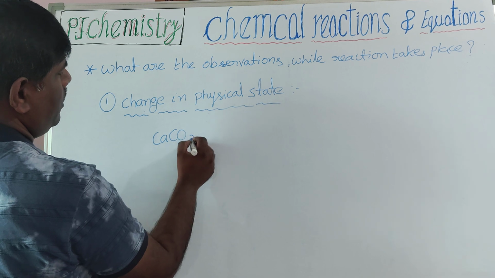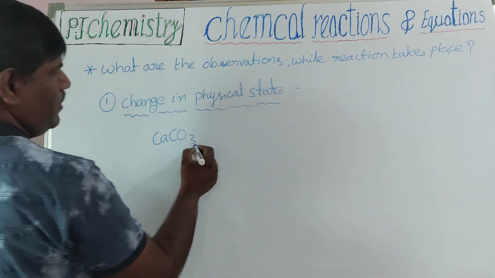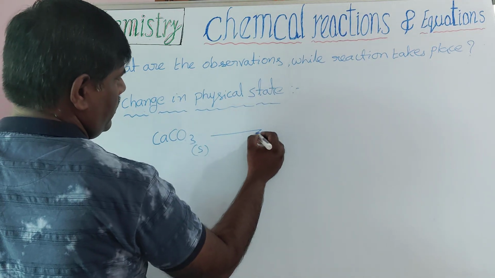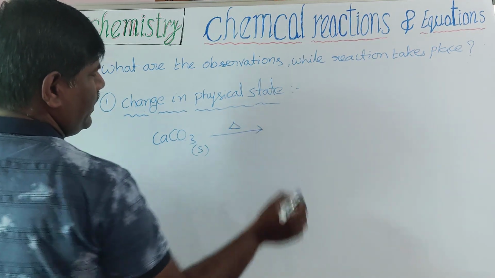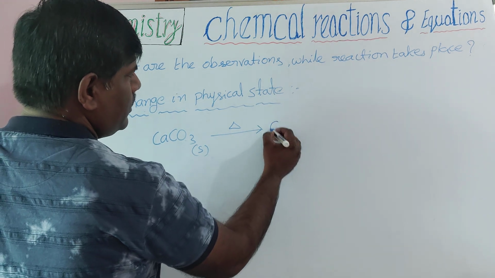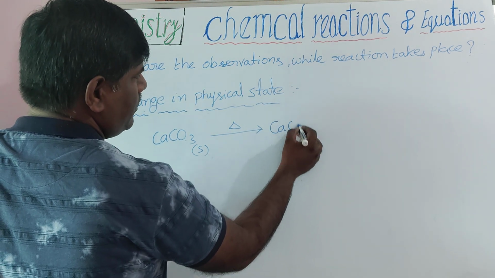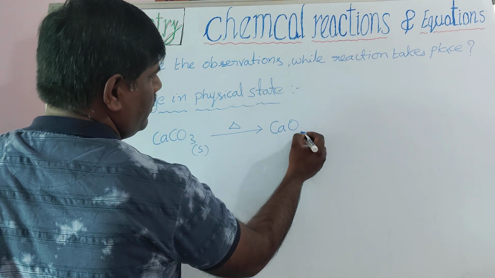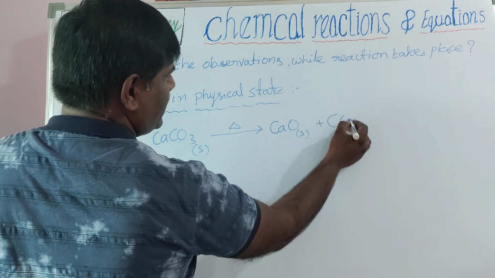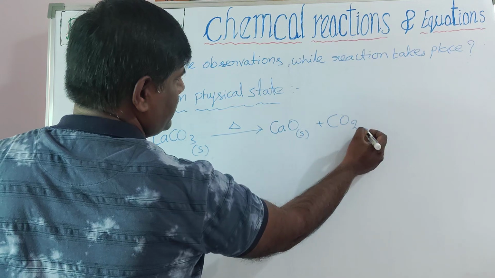CaCO3, calcium carbonate, is actually in solid state, white color. When it gets decomposed due to heat, it changes to calcium oxide, solid state, and carbon dioxide, which is in gaseous state.